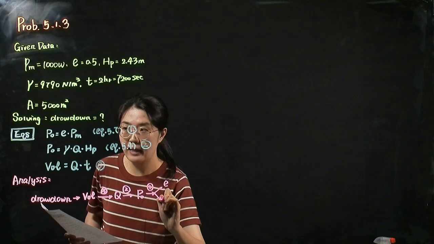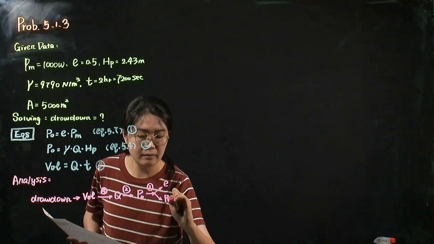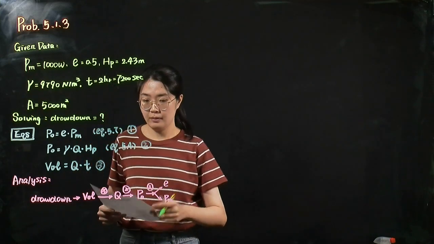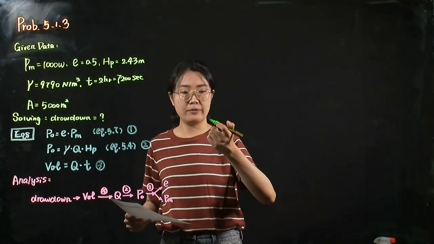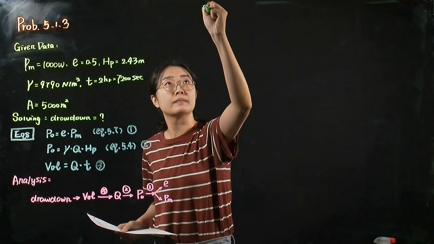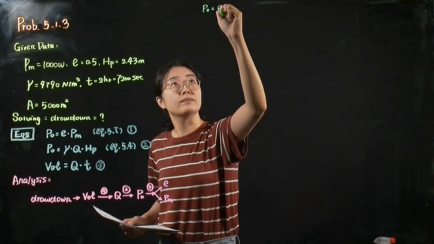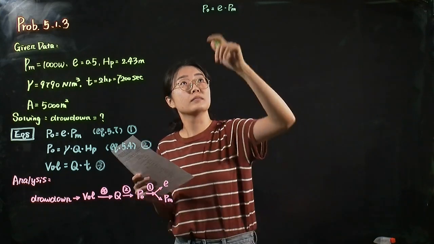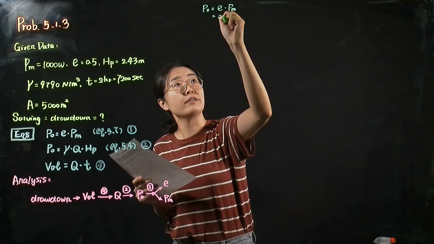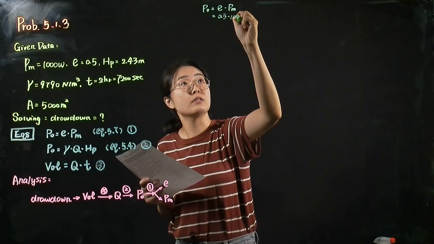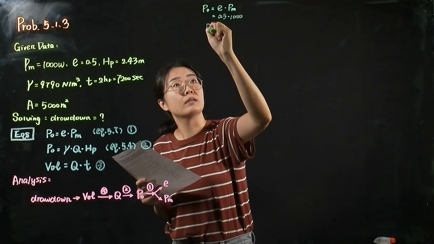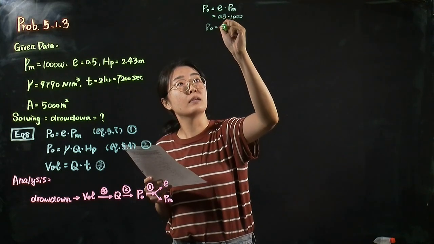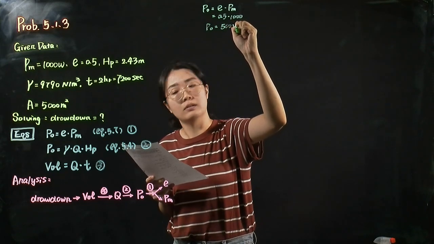Let's calculate the output power first. It equals the efficiency times the power requirement for the motor, 0.5 times 1000 watts. The output power equals 500 watts.